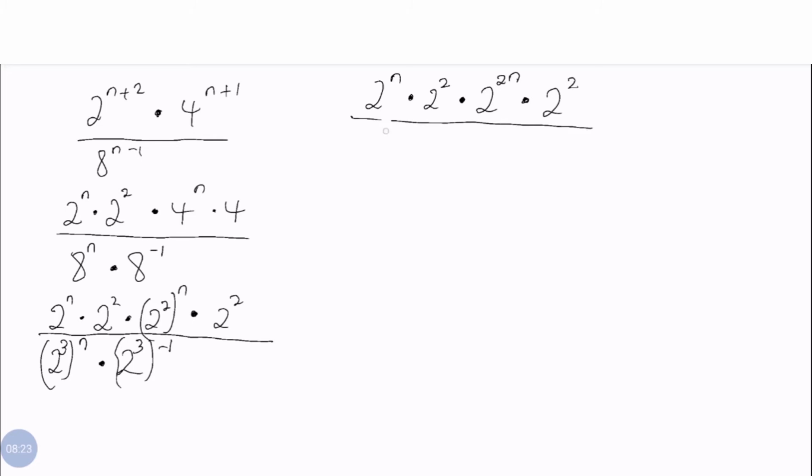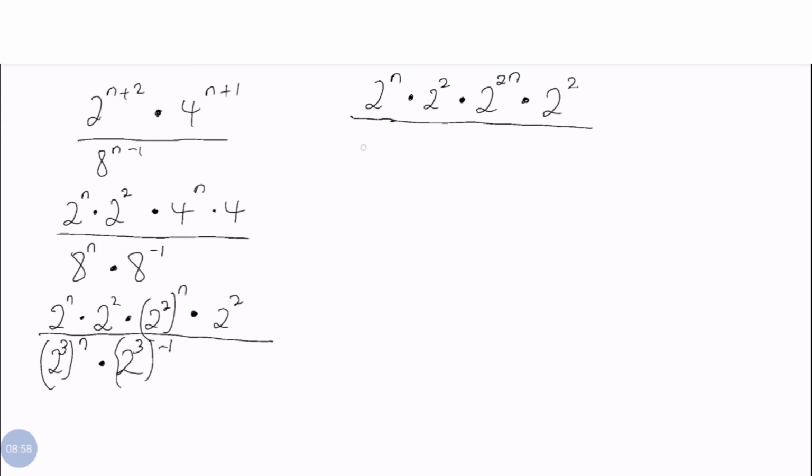All this is over. We have 2 to the power 3 to the power n. In this case, we also multiply the indices and place the same base.